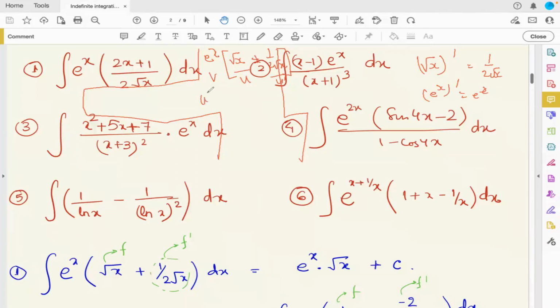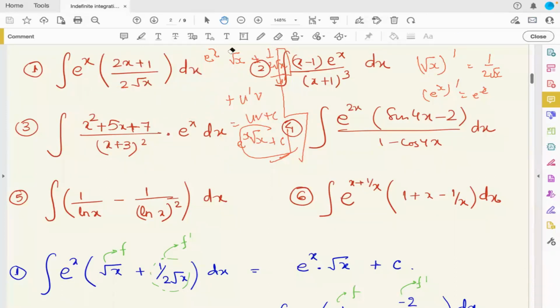So again the form is uv dash plus u dash v, so the integration again will be uv plus c. What is our u? Our u is root x and v is e to the power x, plus c. So this is our integration. I hope you all understand that. It's easy, right?